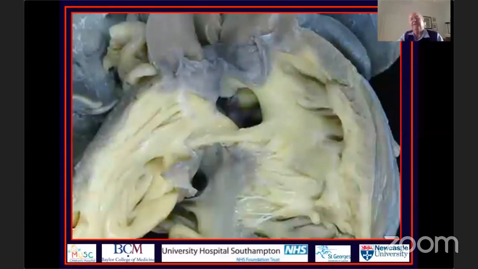Now here is the juxta-arterial and doubly committed isolated ventricular septal defect. And what I hope you can see is that it is more or less identical to the interventricular communication I showed you just a moment ago in common arterial trunk.